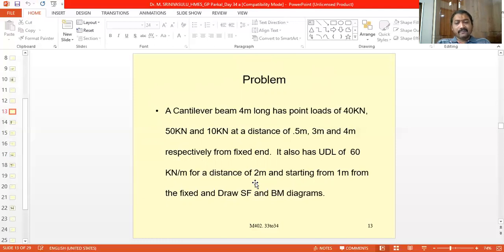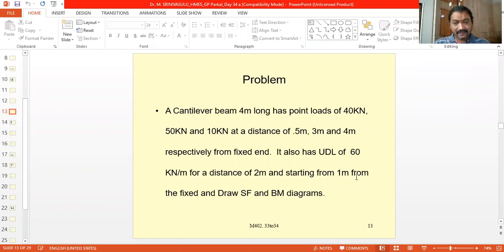So this is the problem given on the cantilevers. First of all, we will draw the loading diagram with the given data. So first of all, we draw a cantilever of 4 meters length, and we have to divide that 4 meters into 0.5 meters and 3 meters and 4 meters and also 1 meter, depending on the requirements and the placing of the loads.